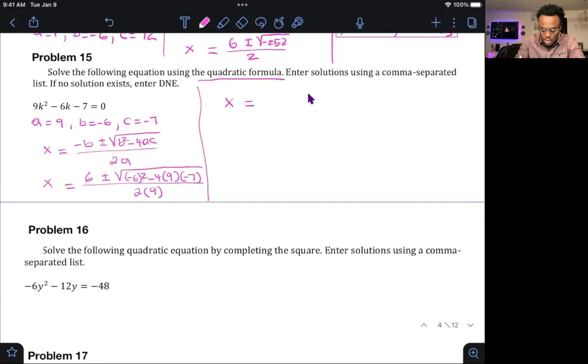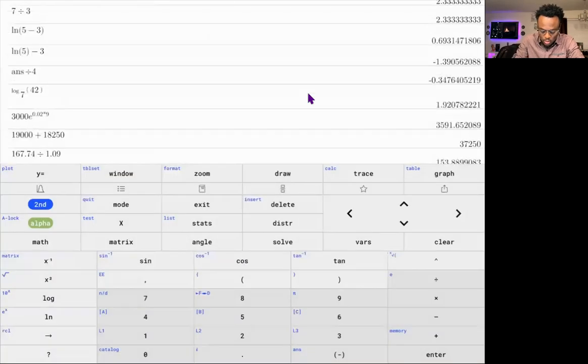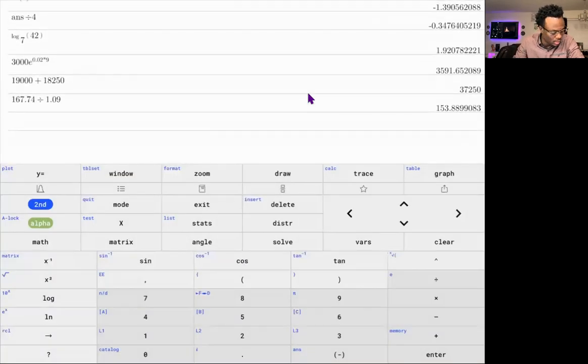If you enter this in the calculator, let's see, what is it? Let's enter this in the calculator.